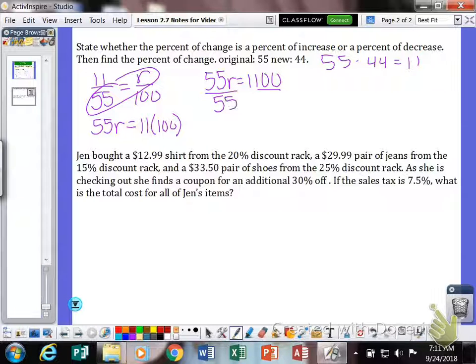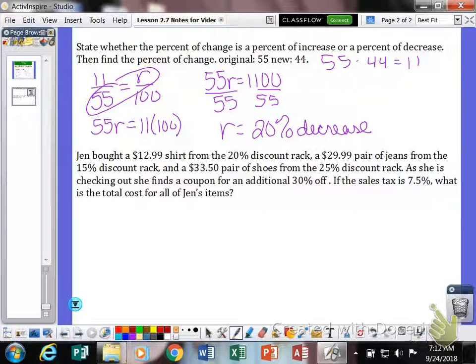We divide by 55, and we get r is equal to 20% decrease.